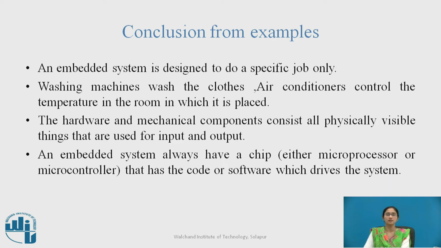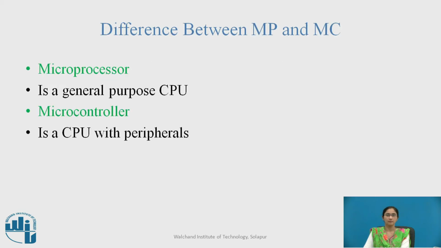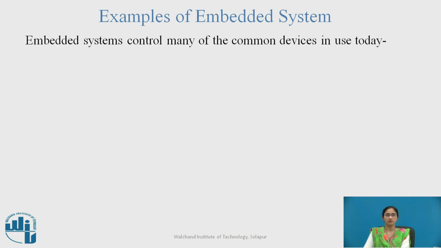An embedded system always has a chip, either microprocessor or microcontroller, that has the code or software which drives the system. Difference between microprocessor and microcontroller. Microprocessor, it is a general purpose CPU. Microcontroller, it is a CPU with the peripherals.